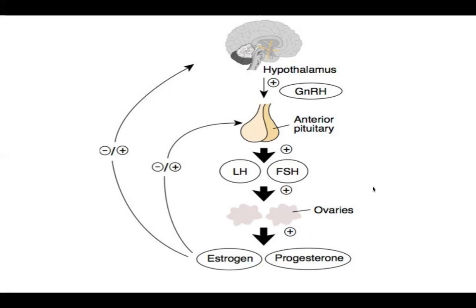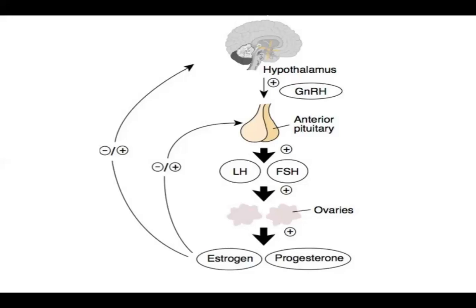For the pituitary, obviously we have the anterior pituitary and the posterior pituitary, different in the hormones they have receptors for and the hormones they release. But again, for this lecture, we're going to be talking about LH and FSH.